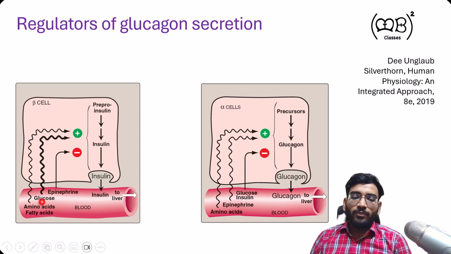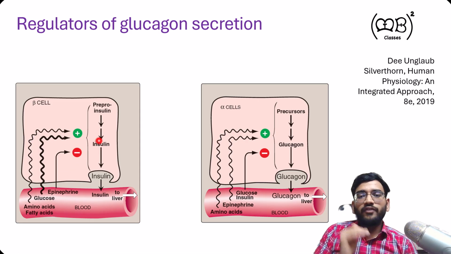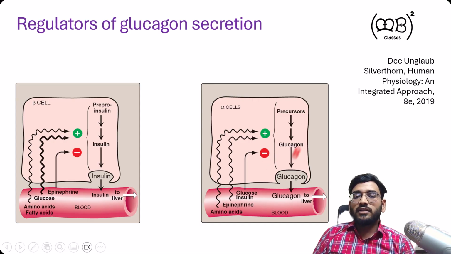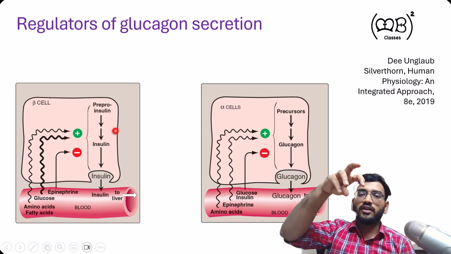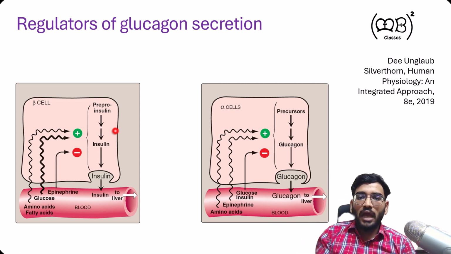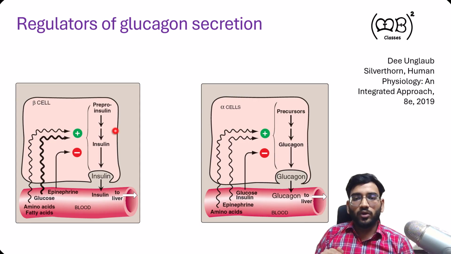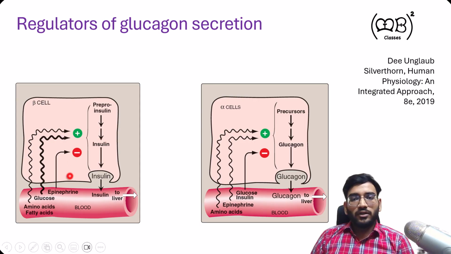So what happens is amino acid will stimulate insulin after taking a protein rich diet. If the amino acid didn't stimulate glucagon, what would have happened is the X amount of insulin which was released, but the absorption was only Y amount of glucose, and the X amount of insulin will lead to decrease in the blood glucose level because it is more than enough for the Y amount of glucose. You understand?